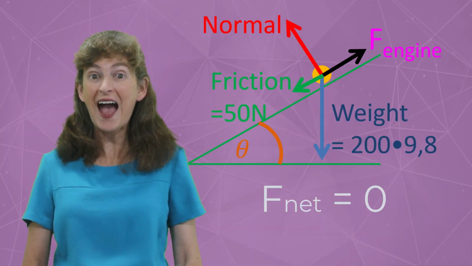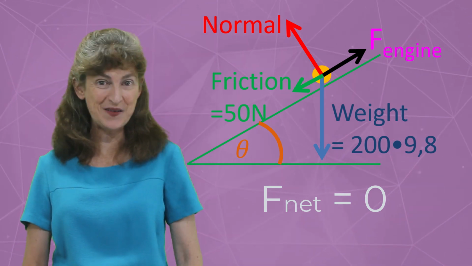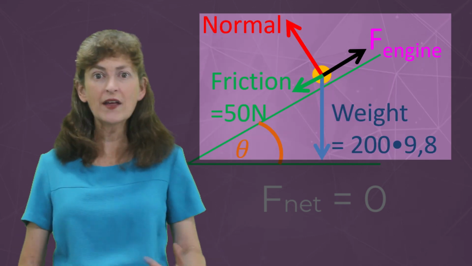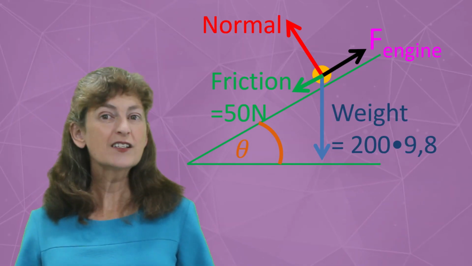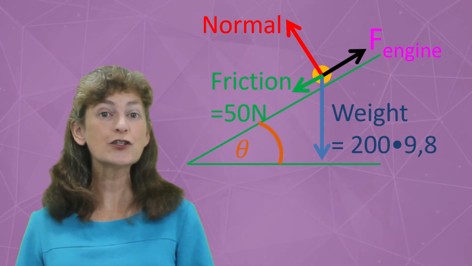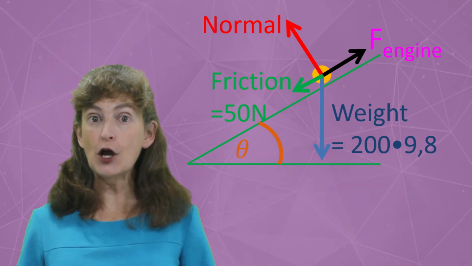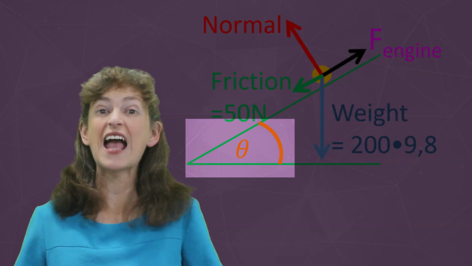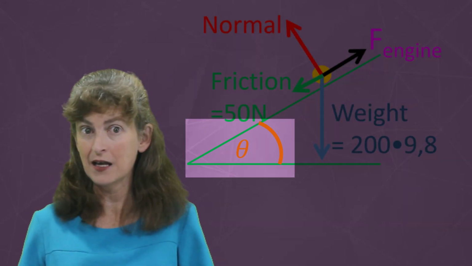By using the fact that the net force acting on this car is 0. So if we add this force vectorially to all the other forces on the car, we'll get 0. Forces are vectors, so if we're going to add them vectorially, we need to know their directions as well. In the case of a slope question like this one, that means that we need to know the angle that the slope makes to the horizontal before we can proceed.